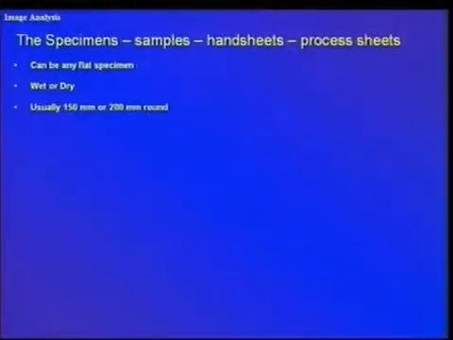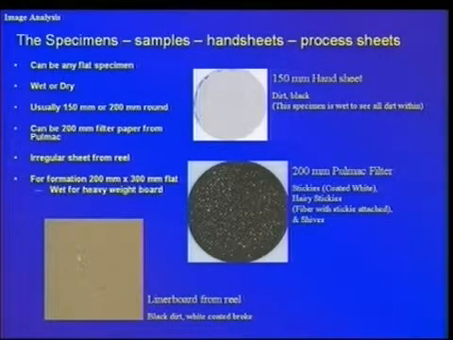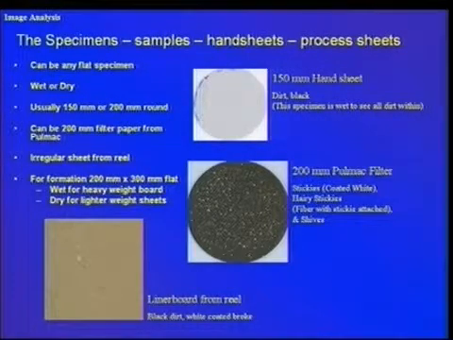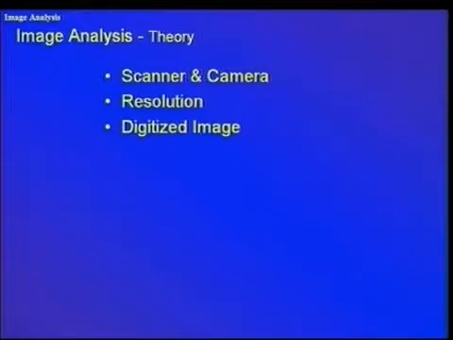What you see here are the types of hand sheets that can be analyzed. They can be dark, light, anything really from the process. There are two types of imaging devices, the scanner and the camera.